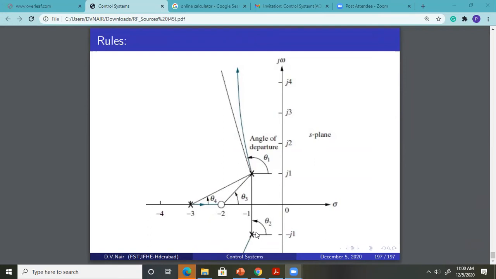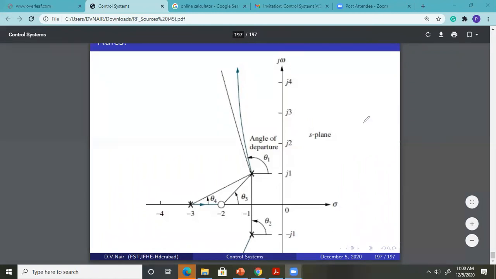Now we have 3 poles and 1 zero. Before that, what we want to know is what happens to the root locus branches which are originating at these complex poles, because there are two open loop complex poles in this example, which we have not seen before. So each branch will terminate at an open loop zero, and there are three branches in this case. This branch ends at the open loop zero with K equal to infinity.